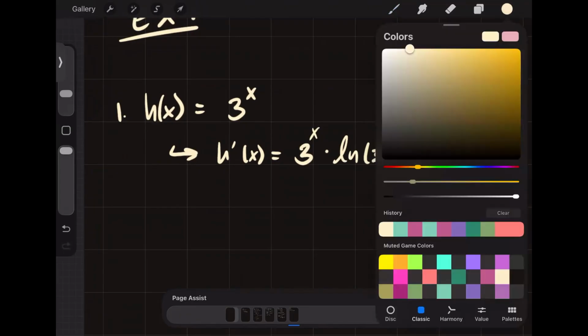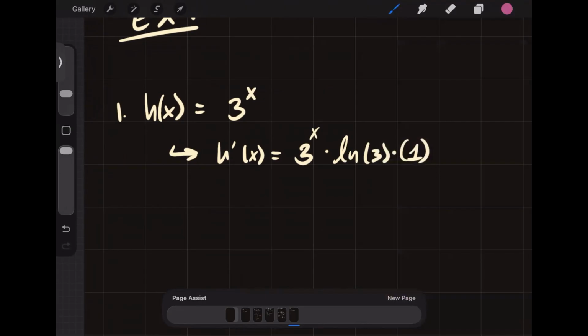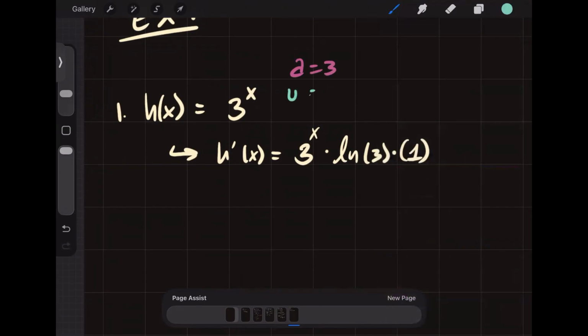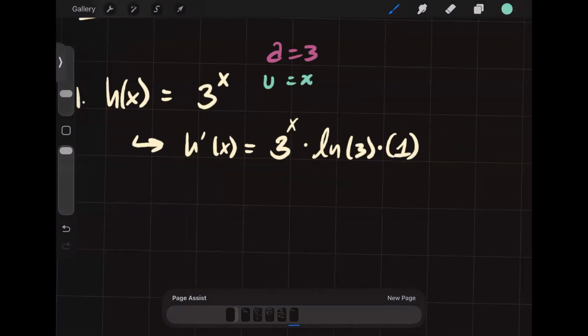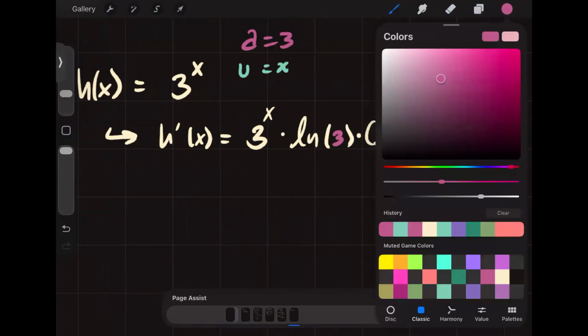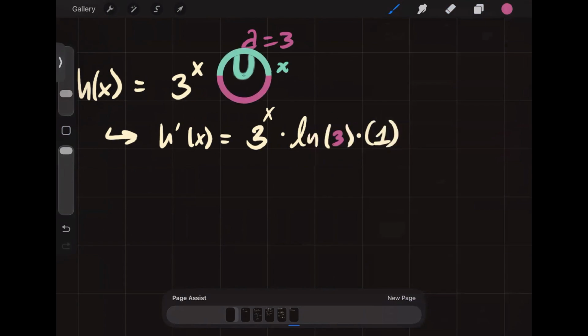Okay. If it helps, color code. I'm going to say a is equal to 3, u is equal to x. Then obviously ln of a is going to be ln 3. And the derivative of u is obviously going to be 1. Right?